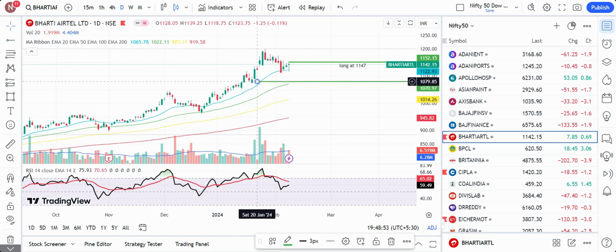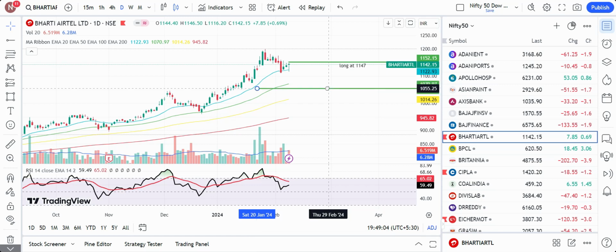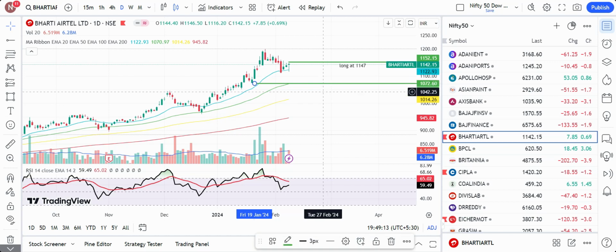This will give you enough room to breathe, or you can reduce it depending on what type of stop loss you're following. You can place it here as well, below the EMA 20. I think this should be good enough, but you can tweak it based on your requirement basically.